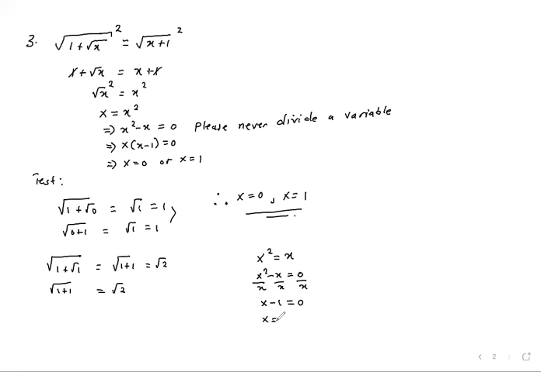So we just have x is equal to 1, forgetting about the other one, when we are supposed to also have x is equal to 0. That's why we never divide by the variable. Never divide by the variable.